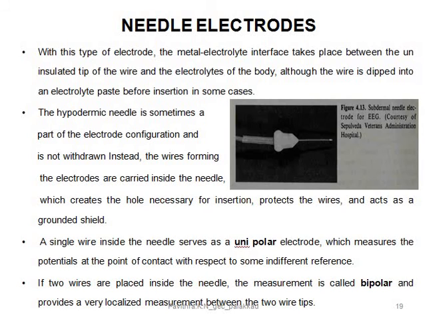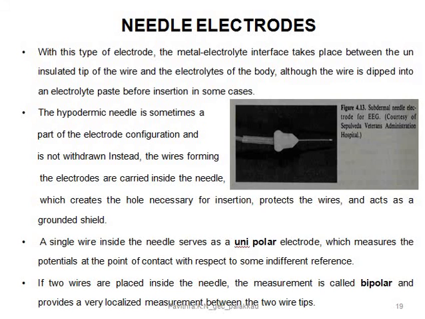To reduce the interface impedance, these needle electrodes use subdermal needles to penetrate the scalp of the head, and they are not directly inserted into the brain. They merely penetrate the skin, that is the scalp. Scalp is the outside skin of the head.